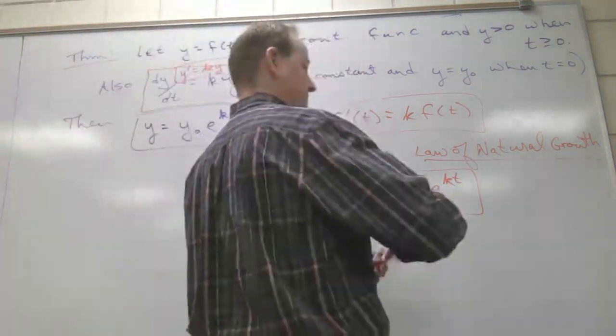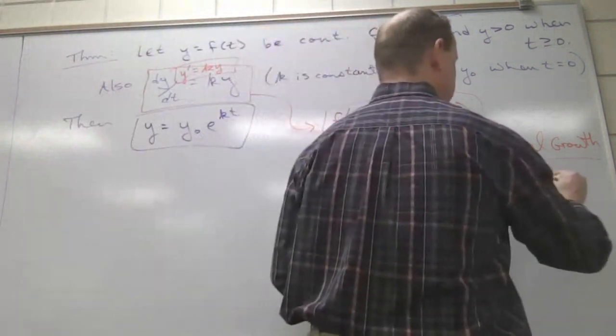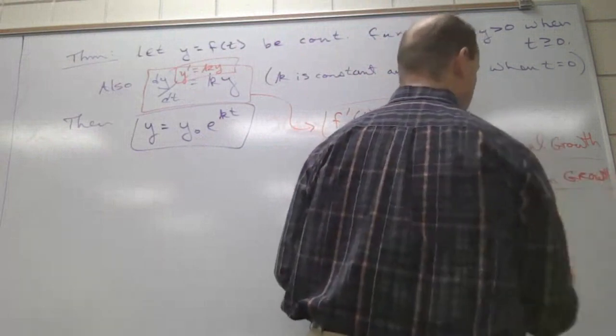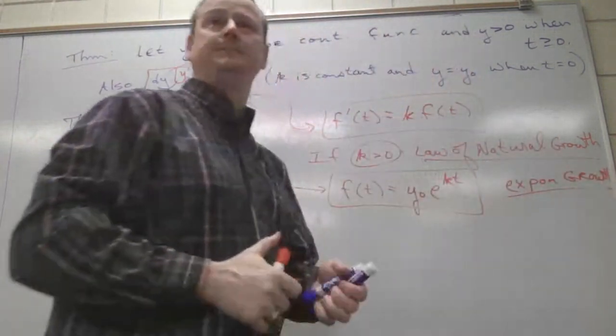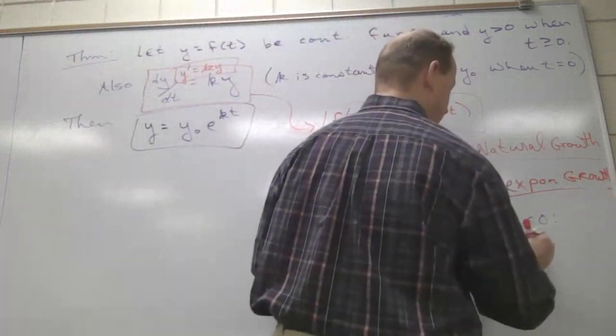This is exponential growth if k is greater than 0. Well, what happens if k is less than 0? Anybody know? If k is less than 0, it's going to be exponential decay.